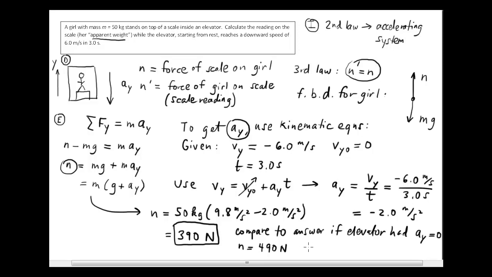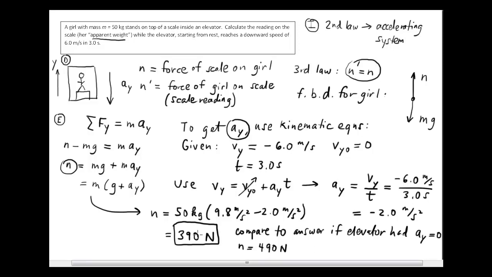Many of you have experienced that before if you've been in a tall building taking the elevator down, and in the very initial instant when the elevator begins to move and accelerates downward, you feel a little bit of a weightlessness just for an instant in your stomach. Once the elevator reaches a constant velocity, then acceleration goes back to being 0, and you feel your normal weight again, which would be the 490.